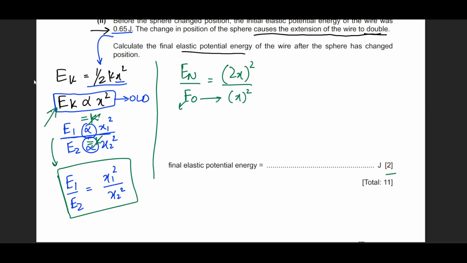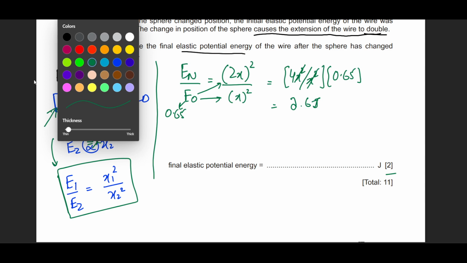We know the old energy was 0.65 as given in the question, so that goes to the other side for cross multiplication. We are left with 4x squared divided by x squared multiplied by 0.65, so 4 multiplied by E naught, because x squared cancels out, and this leaves us an answer of 2.6 joules.